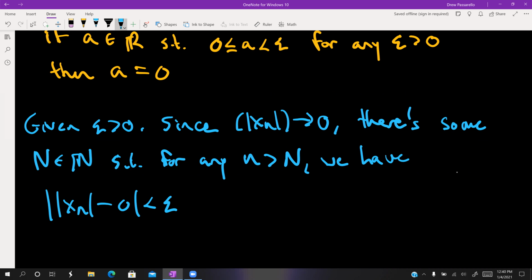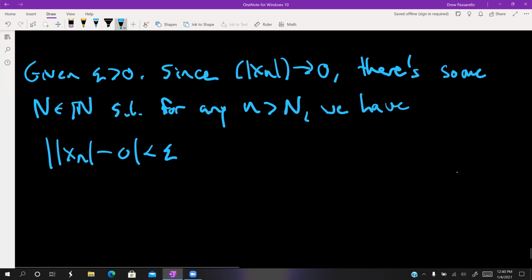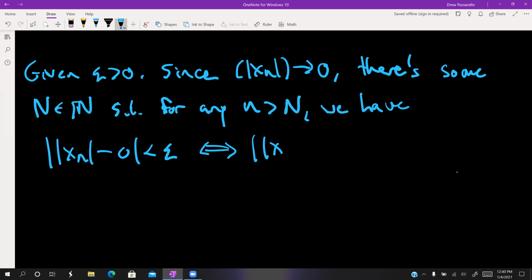We're going to eventually show that the sequence xn also has 0 as its limit. All right, so the absolute value of xn minus 0 is less than epsilon if and only if the absolute value of xn is less than epsilon.